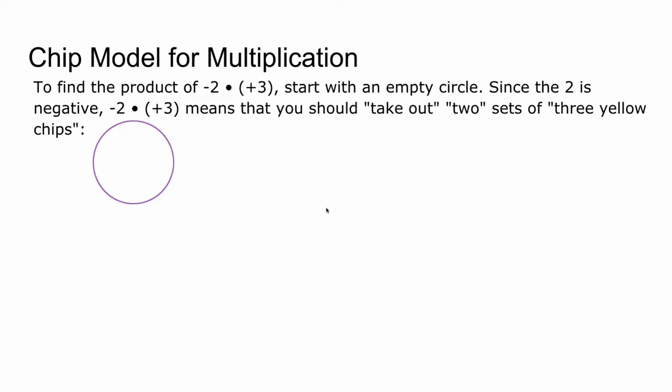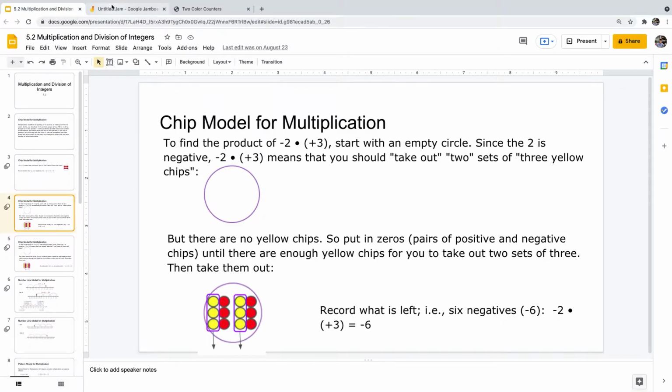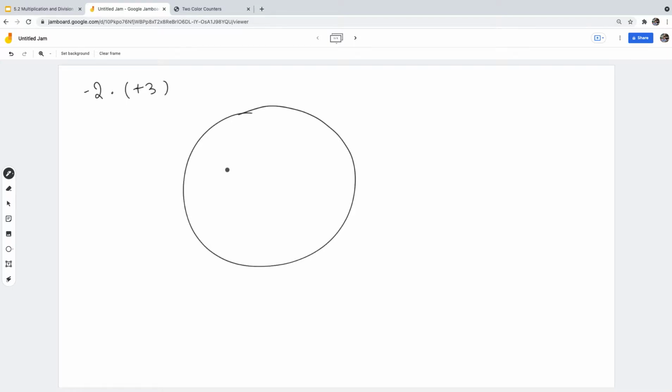Negative 2 times positive 3. In order to show this one, I'm thinking about an empty set because it starts from 0.